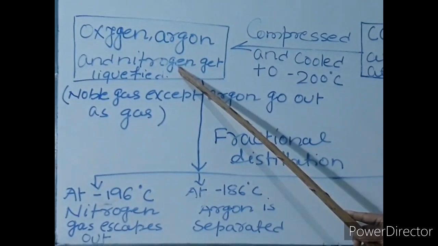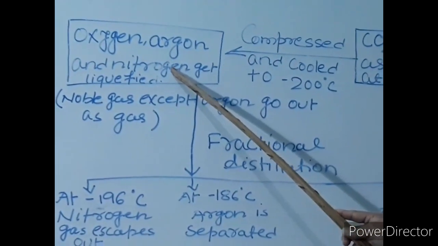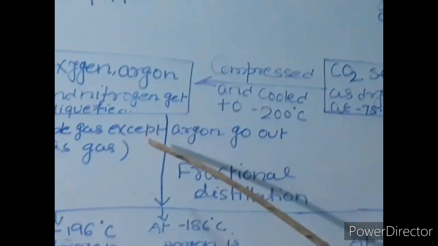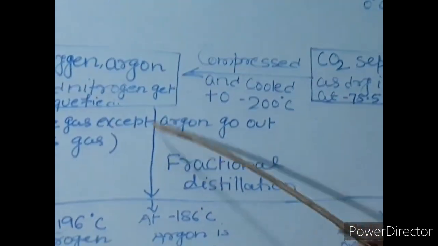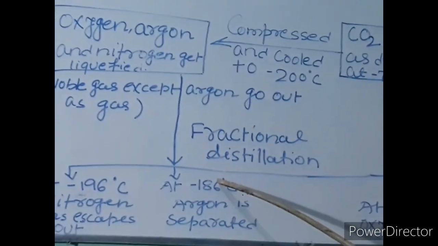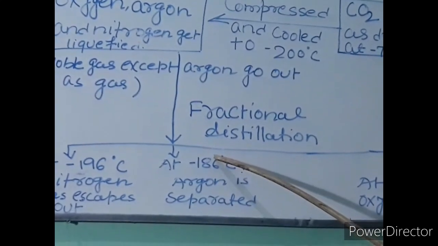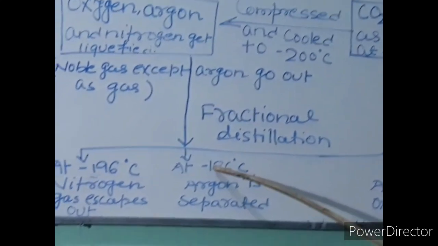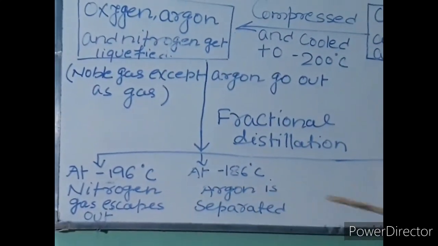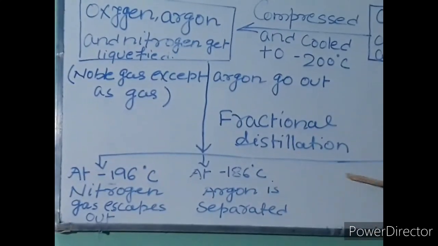Now the next objective, next purpose: how to separate these three components from the mixture. Now we follow the next step, fractional distillation. At different temperatures we get them separated.